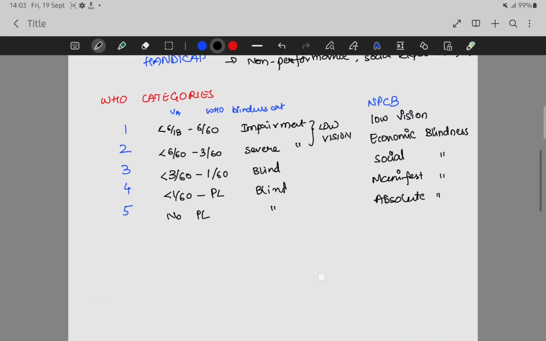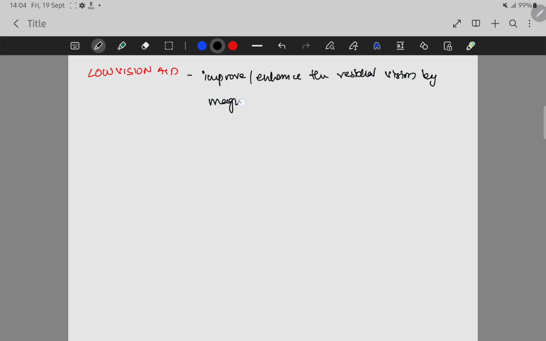Now coming to what are low vision aids. Low vision aids are devices that improve or enhance the residual vision by magnifying the image at the level of retina.